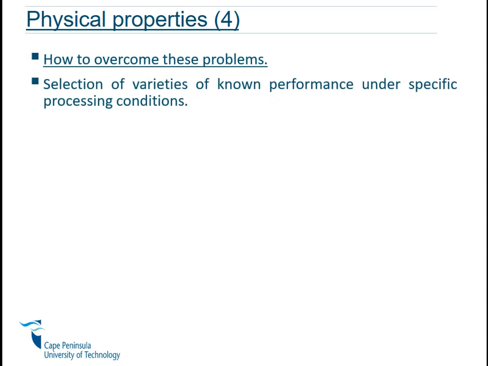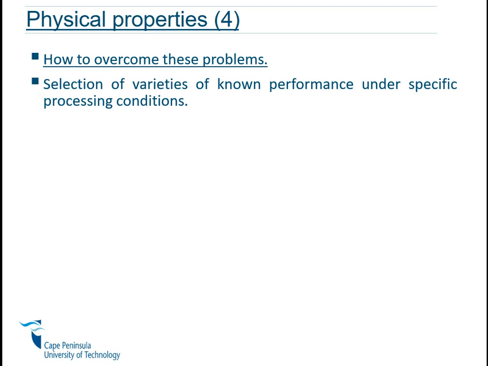Right. So the question for us as food science and technology professionals is, how do we overcome these problems when we are dealing with raw materials? The first thing we need to understand is that we need to select varieties of known performance under specific conditions. Whenever you have a raw material, you need to know how it performs under specific processing conditions.